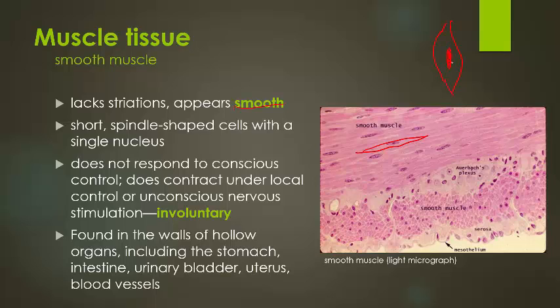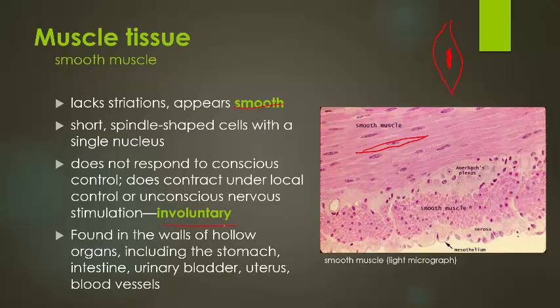Now, smooth muscle, you cannot think it to contract. You can't tell your digestive system, okay, squeeze food from the stomach into the small intestine, please. Since it doesn't respond to conscious thought commands, it contracts under local control. If you stretch smooth muscle, it tends to contract, or it responds to unconscious nervous stimulation.